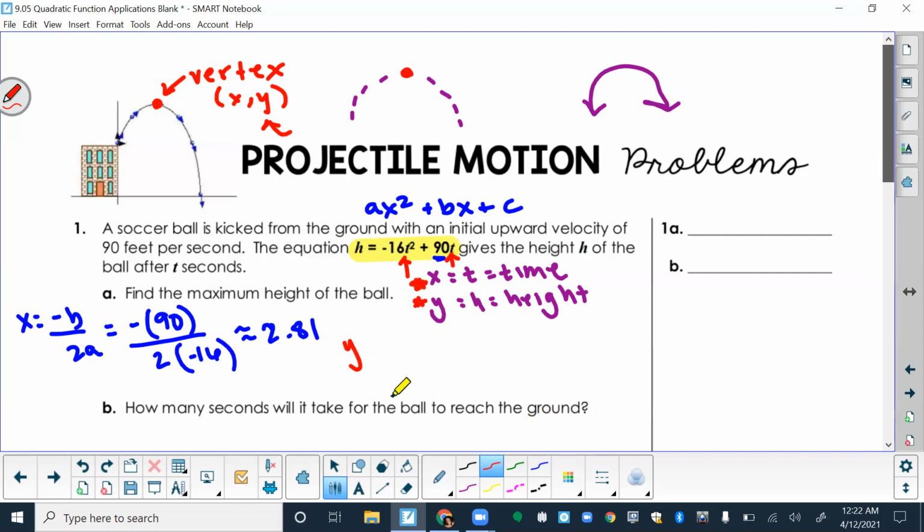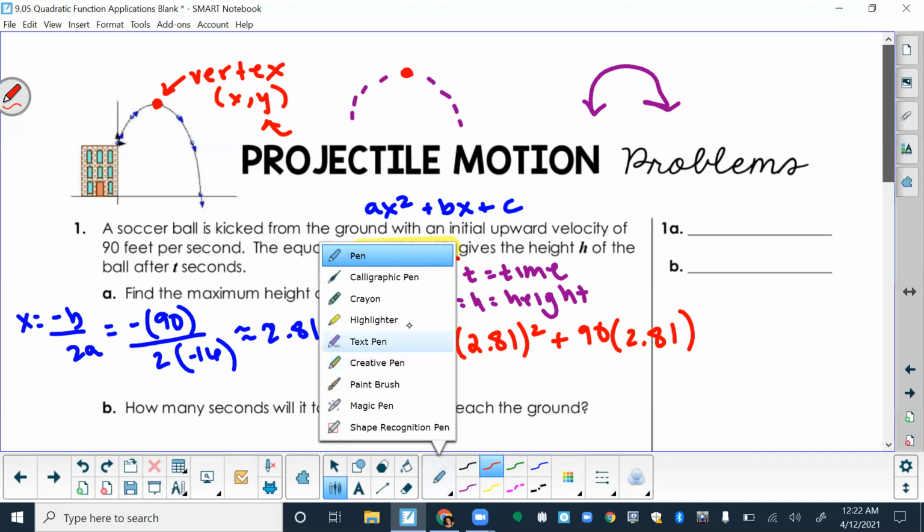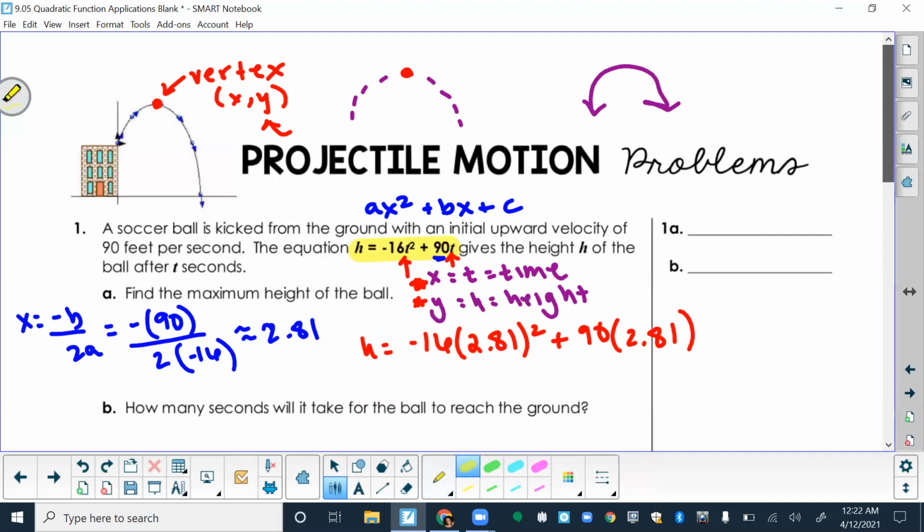So we have h equals negative 16 times t, which we said is 2.81, squared, plus 90 times 2.81. I would enter this part into my Desmos calculator, exactly how it looks.